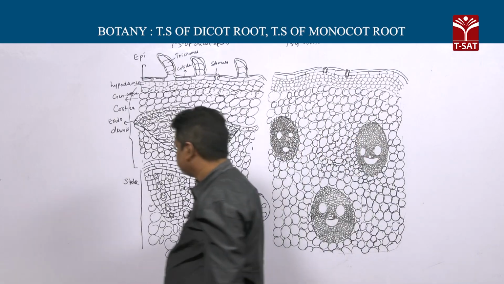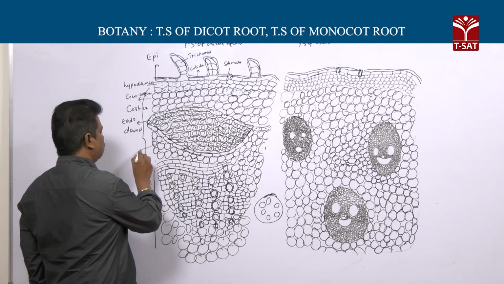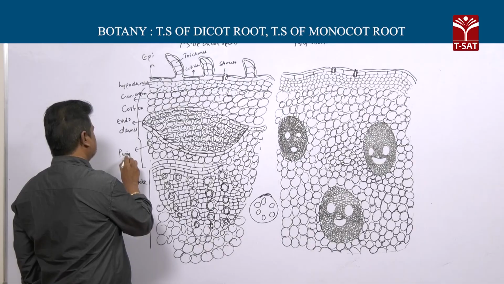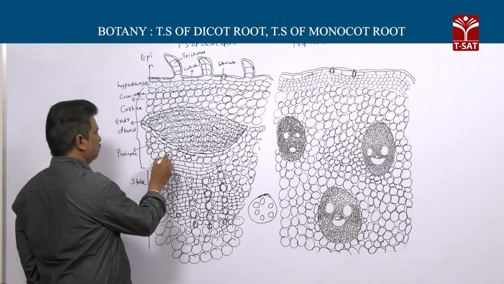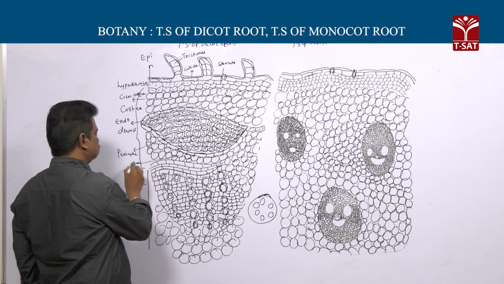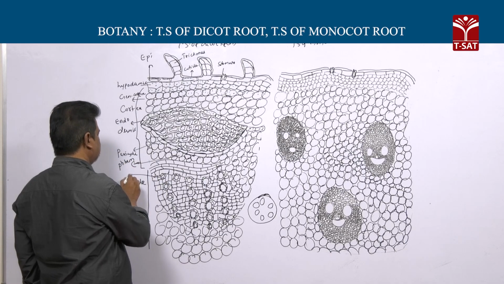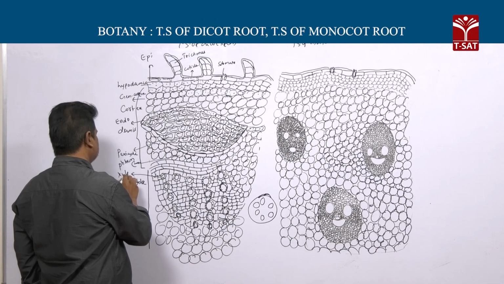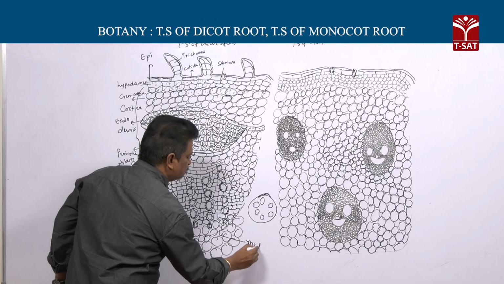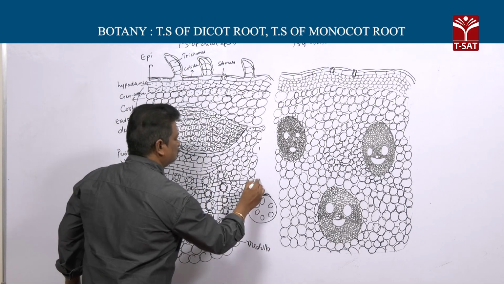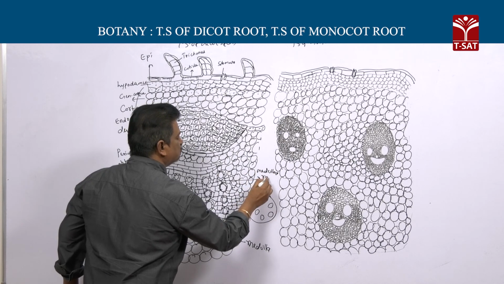Then these parts of stele, generally stele shows 4 parts. Among these 4, one is pericycle, second one is vascular bundles, third one medulla and medullary rays.